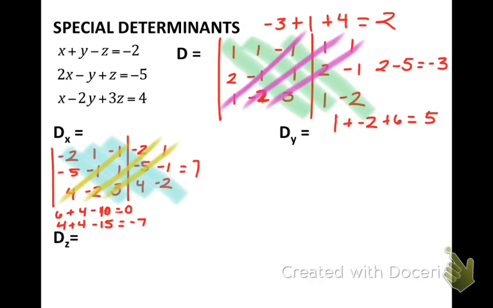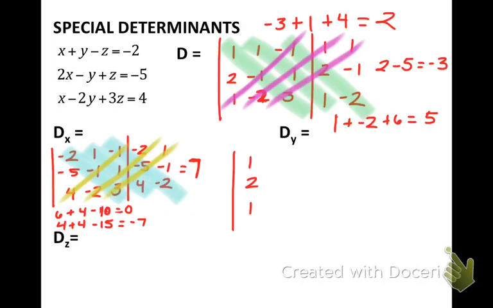All right, good snag. So there's our D sub x, which if it did end up being 0, that's okay. That just means then that your x value would be 0, because you can divide 0 by negative 3. All right, D sub y, what would that look like? So row 1's going to stay, a 1 and a 2 and a 1.